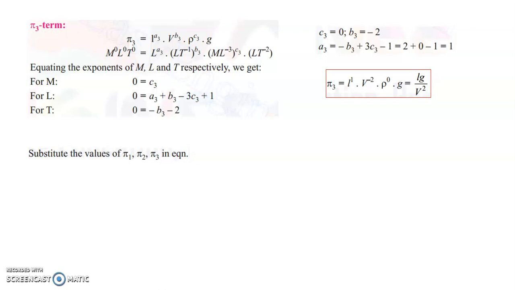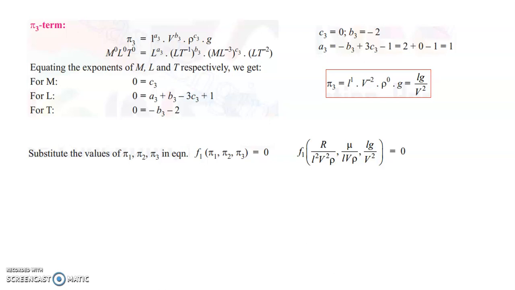We substitute all these back into the basic equation f1 of pi 1, pi 2, pi 3 equals 0. So the modified equation is f1 of a new function of R divided by L square V square rho, comma mu divided by L V rho, comma L g divided by V square, which equals 0. Now within the bracket, the terms are the solutions of pi 1, pi 2, pi 3.